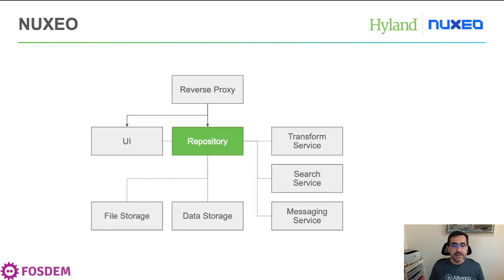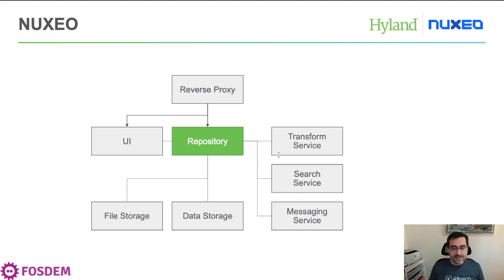When looking at the Nuxeo platform, we find more or less the same services we described for Alfresco. The repository, including the core service of the platform, is connected to additional services like the transform service to provide document format transformations, the search service supporting the indexing and searching processes, and the messaging service that handles asynchronous messages in the platform.